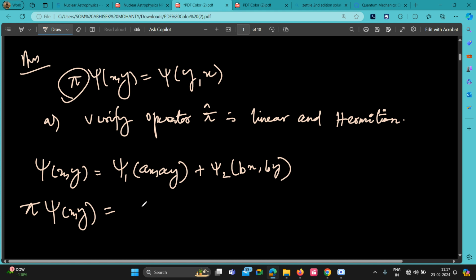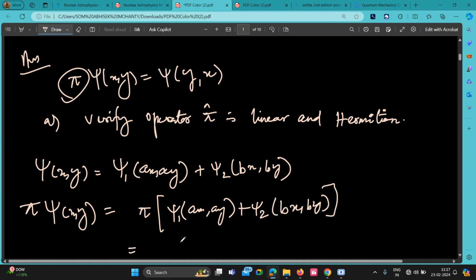If I operate pi on this whole thing, pi will be a linear operator only if I get a psi 1 xy plus b psi 2 xy with pi acting on each. Only then will we know that pi is a linear operator.